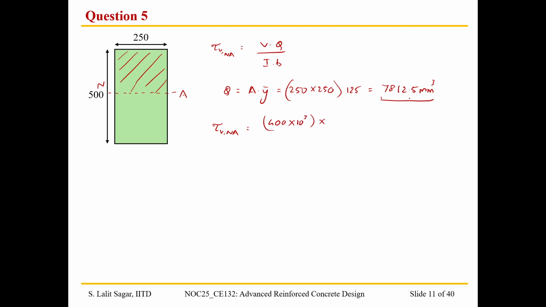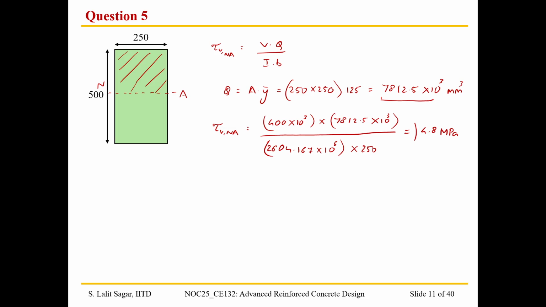Q is, I think this has to be, 7812.5 into 10 to the power 3 millimeter cube, sorry for that, divided by I, which is the same because we are calculating the moment of inertia above the centroidal axis or the mid height, that is 2604.167 into 10 to the power 6, and b is as usual 250 millimeter, which gives us a value of 4.8 MPa. So kindly verify this answer.